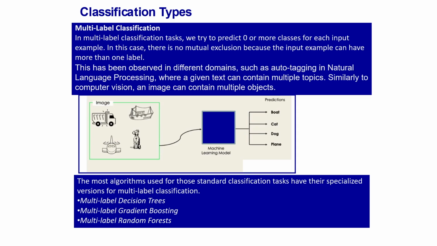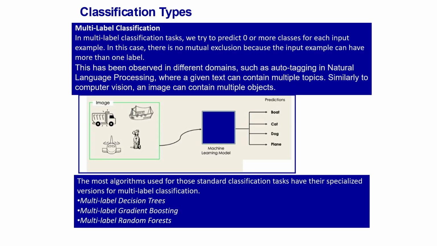Similarly, in computer vision, an image can contain multiple objects. So, these are where we use multi-level classification. There are multi-level decision trees, and multi-level gradient boosting. I already talked about gradient boosting, and we will talk about random forest. Multi-level classification is a very common problem in material science.